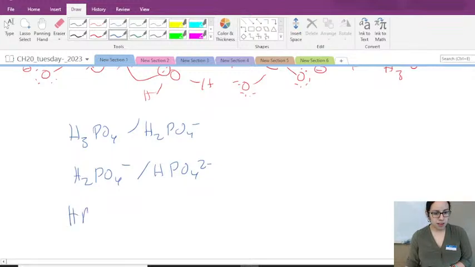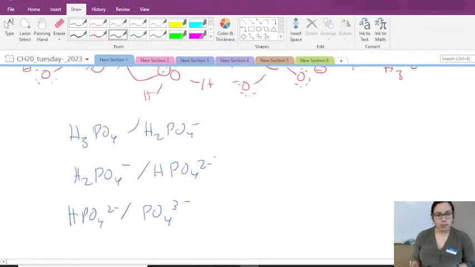And then your last one. So now you get your phosphate, 3 minus that you're familiar with. And then obviously, right, you can't mix and match, so phosphoric acid and phosphate would not be a conjugate base pair, so those are 3, and vice versa. So like this one and this one are also not appropriate, still too far.